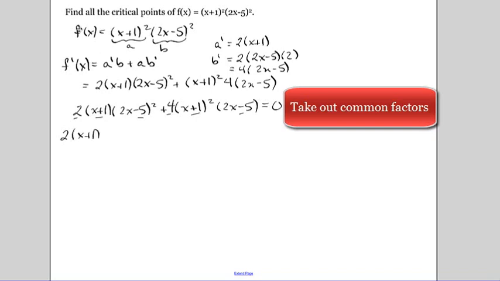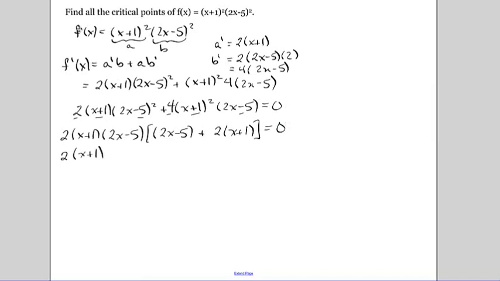There's an (x plus 1) common and (2x minus 5) common in both terms. So that leaves me with 2x minus 5 from the first term and 2 times (x plus 1) in the second term. Now I'll simplify the contents in the square bracket.